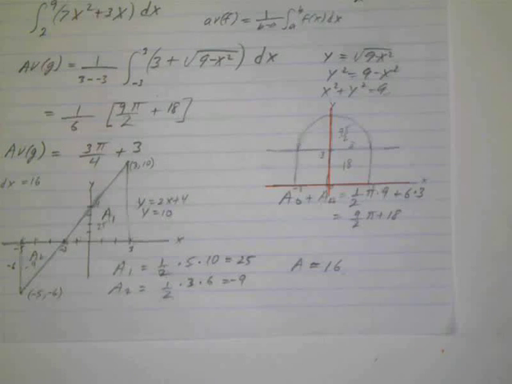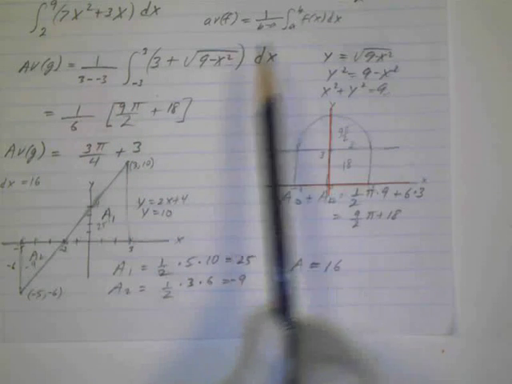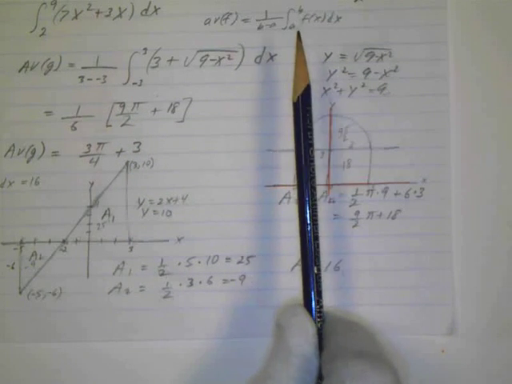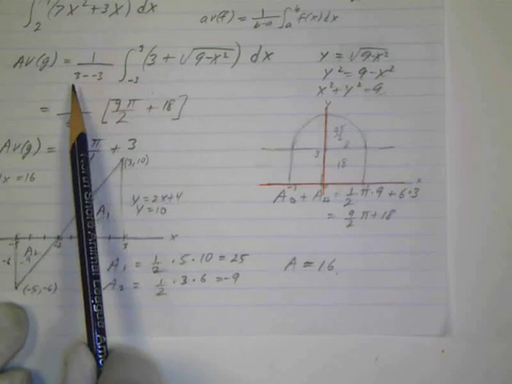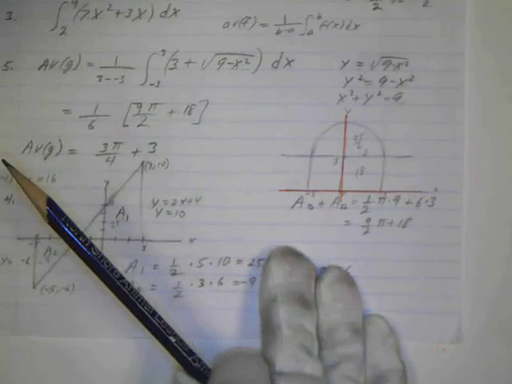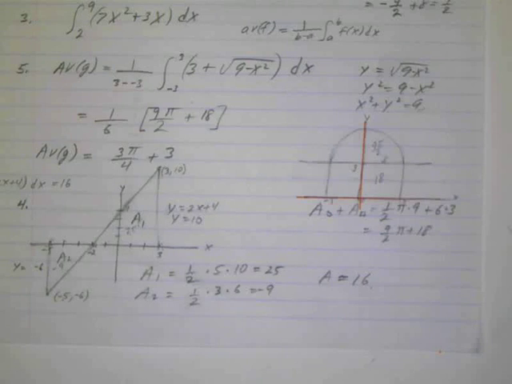Now it says, use graphs and areas to evaluate any integrals, leave the answers in terms of pi. The interval is going to be from negative 3 to 3, so b minus a is 3 minus negative 3, and those are the limits of integration.